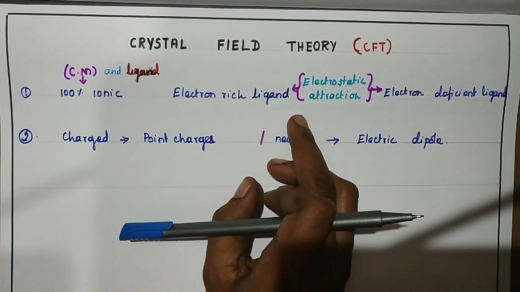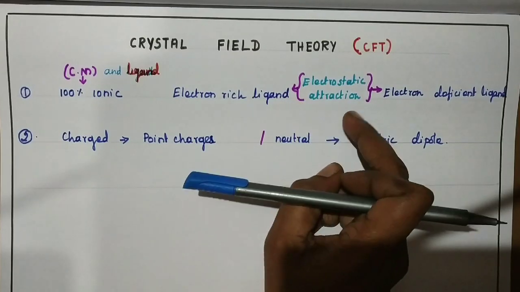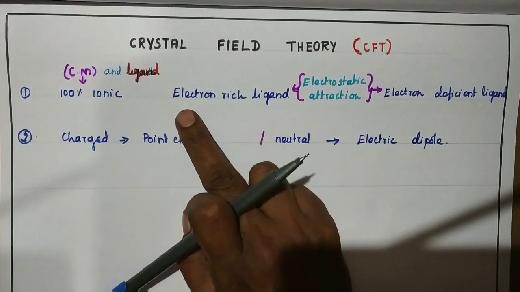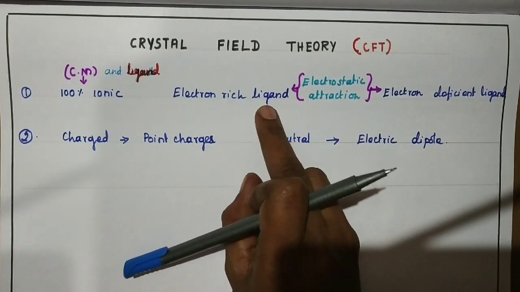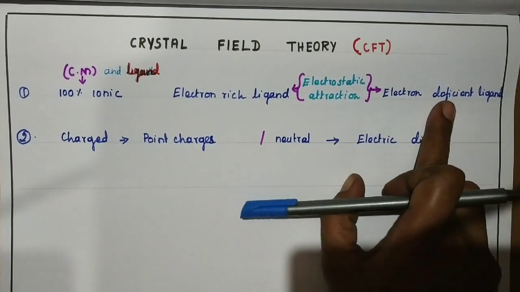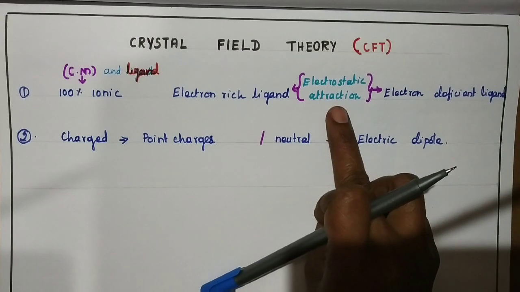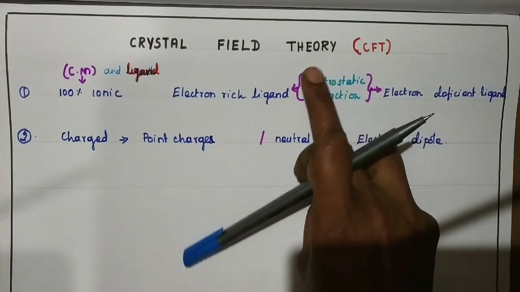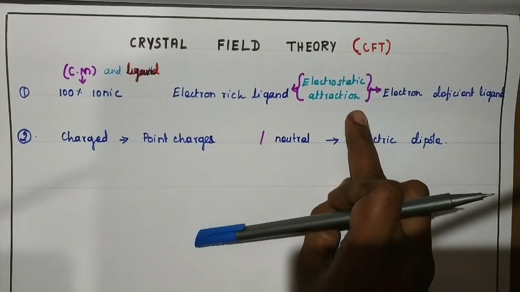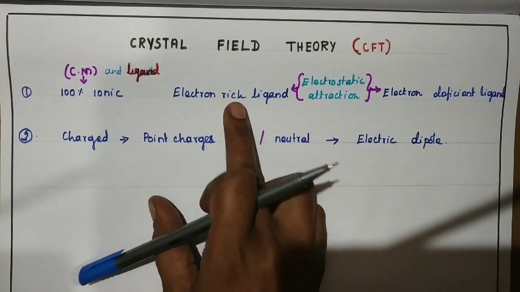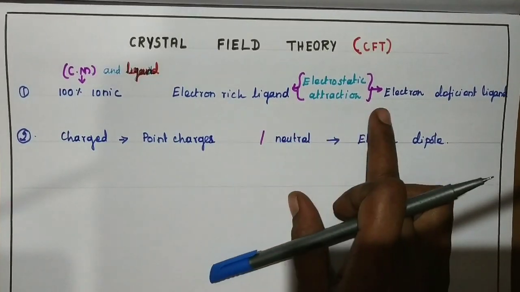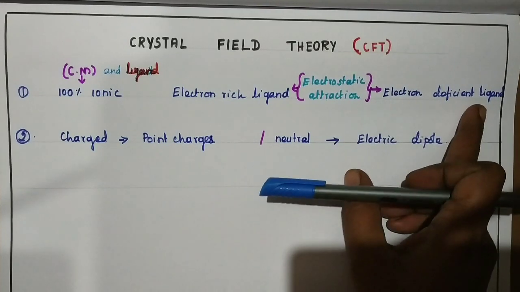The bond is formed due to the electrostatic attraction between the electron-rich ligand and the electron-deficient metal.